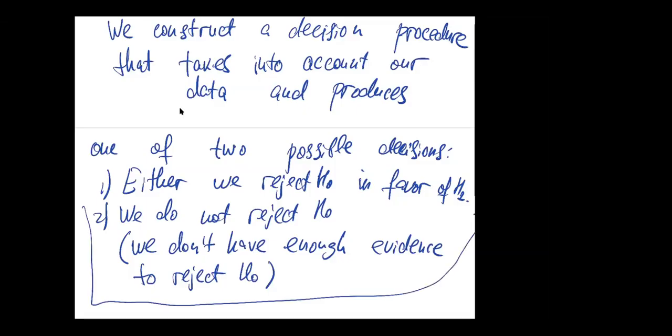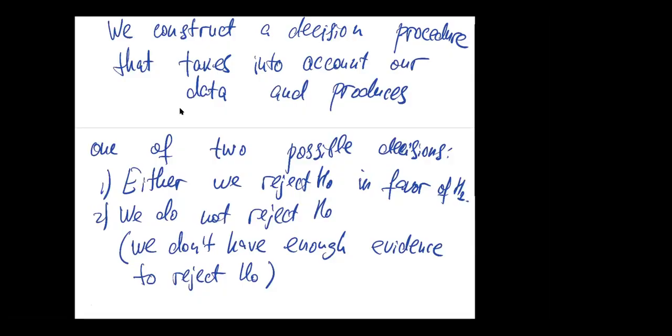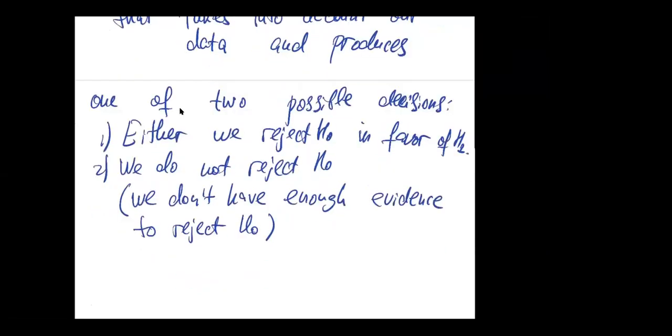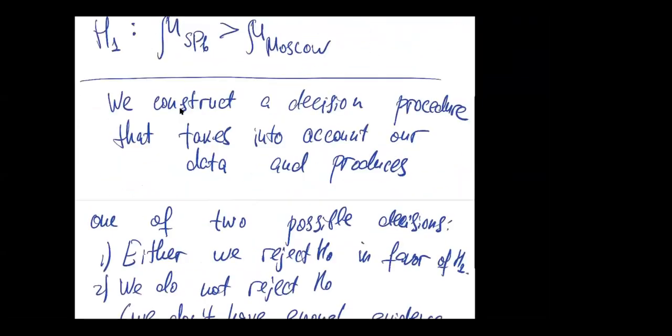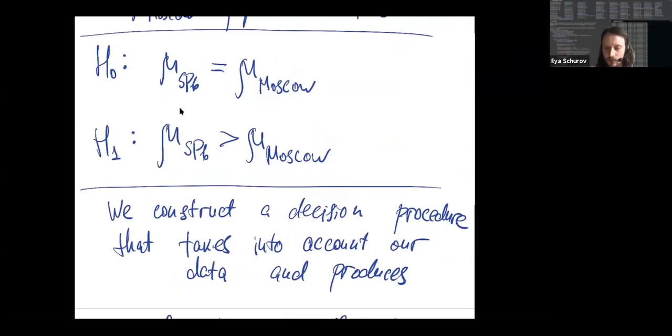Then maybe my question is, does our result really change if we just change our formulation of the alternative hypothesis? For example, we could say that the height of the people in St. Petersburg is just different from people in Moscow.